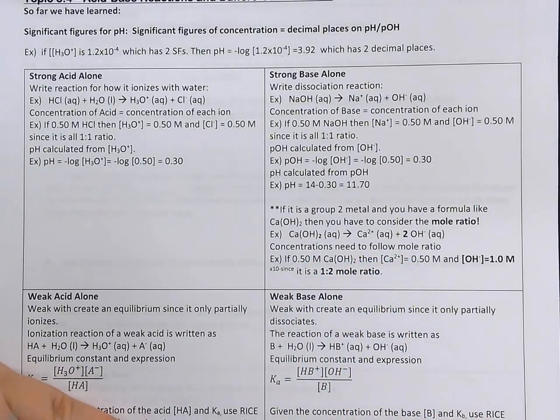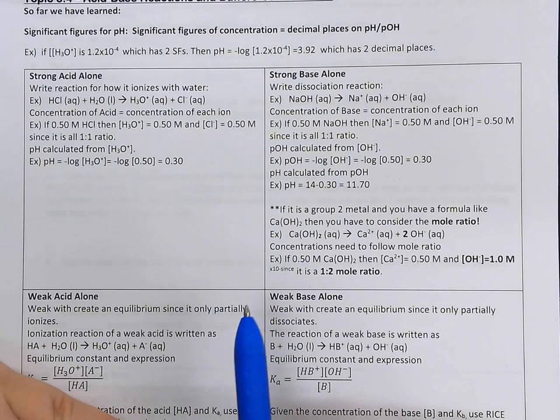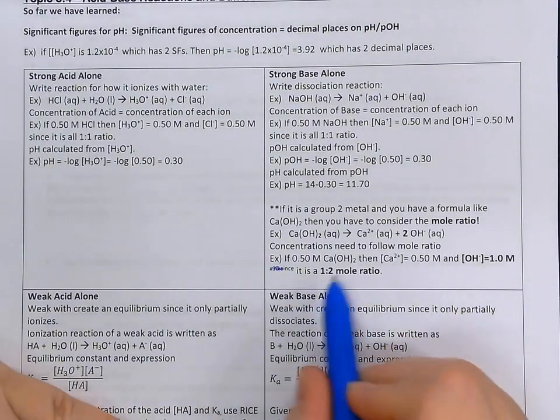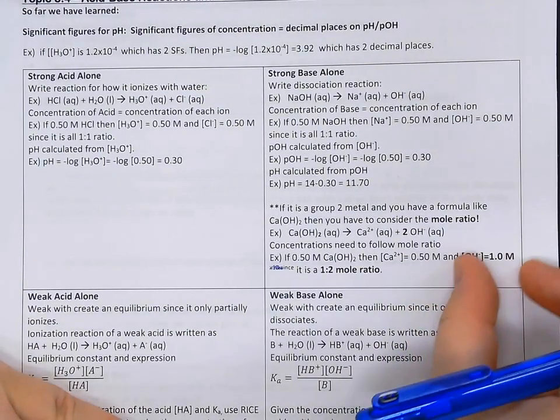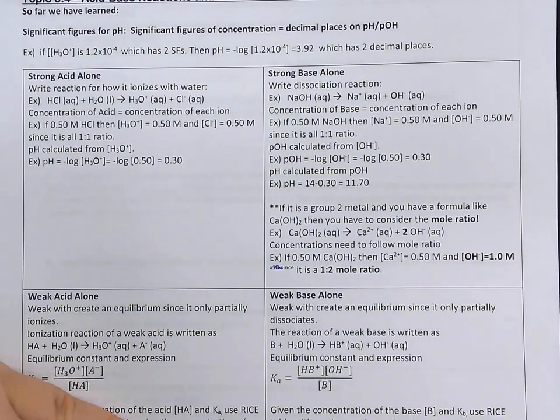So our concentrations need to follow that mole ratio. Again, if we had a 0.5 molar solution, then calcium would be 0.5 molar and hydroxide would be 1.0 molar, since it is a 1-to-2 mole ratio. So then we would use this to find our pOH and then our pH.